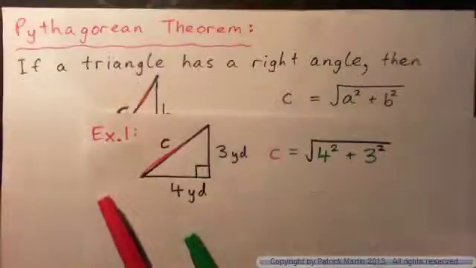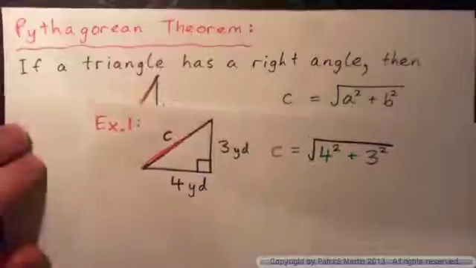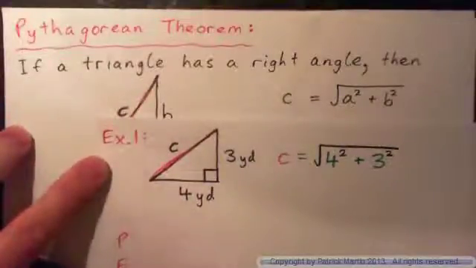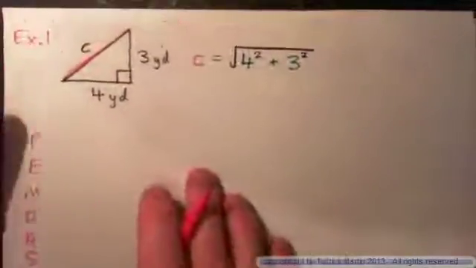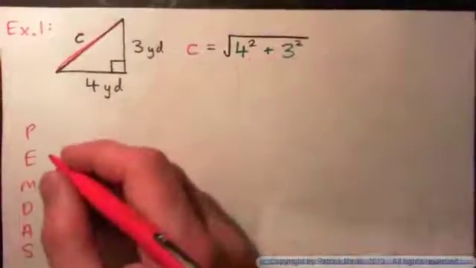Take your time, okay? Now, in order to calculate this, we have to think about PEMDAS, really, the order of operations, because we don't actually have parentheses, but we do have a square root, which is kind of like a parentheses. It's a grouping symbol.